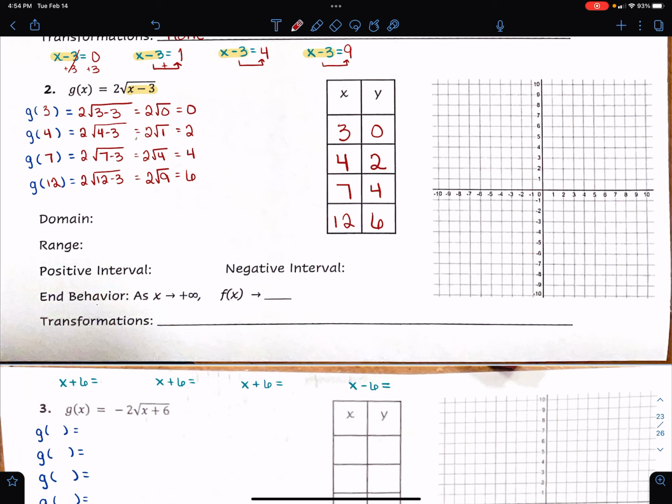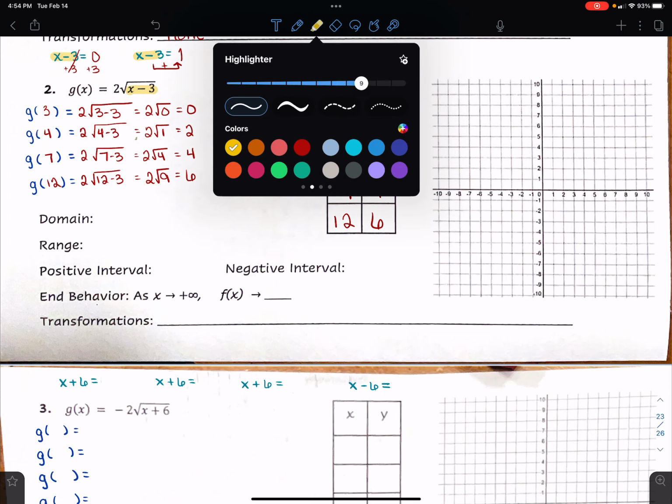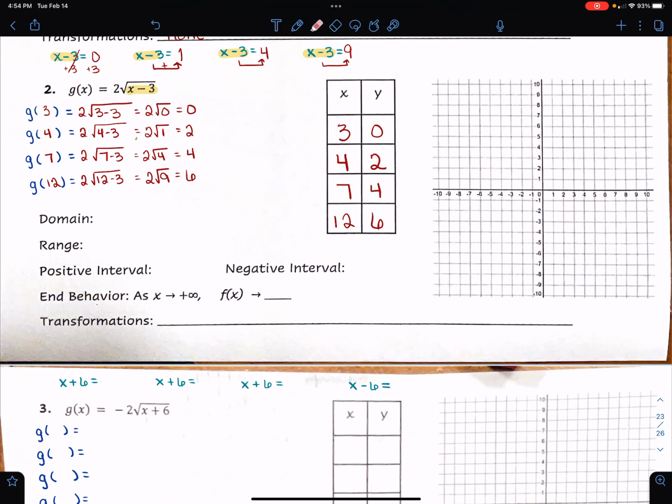I want to point something out here, though. Underneath the radical, I have the numbers 0, 1, 4, and 9. Those are the same numbers that I used up here. So if these 4 come out to be 0, 1, 4, and 9, then I know that I'm doing my math correctly on this part here.